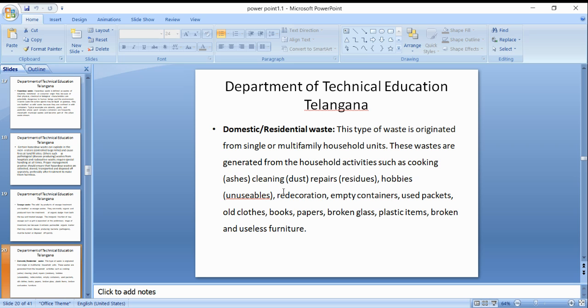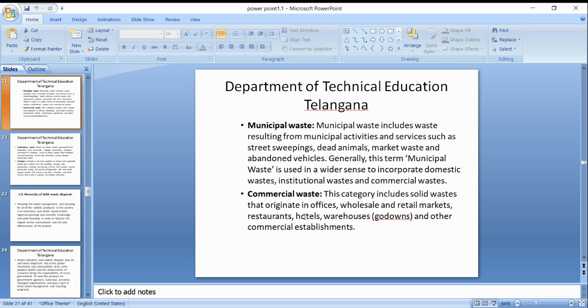All ash, cleaning dust, repairs, and cooking waste come from this and are considered residual. Empty containers, used packets, old clothes, books, and broken glass all come from residential items.